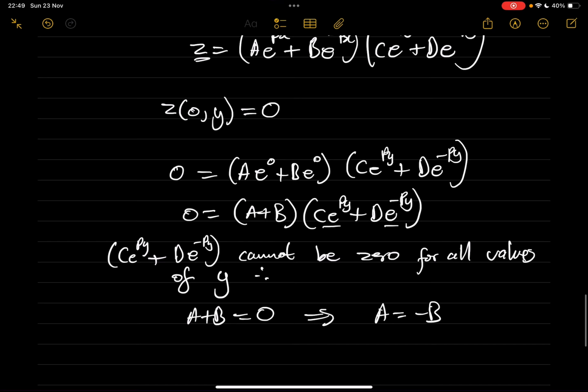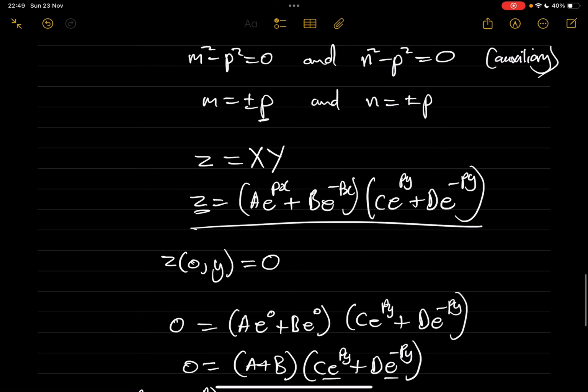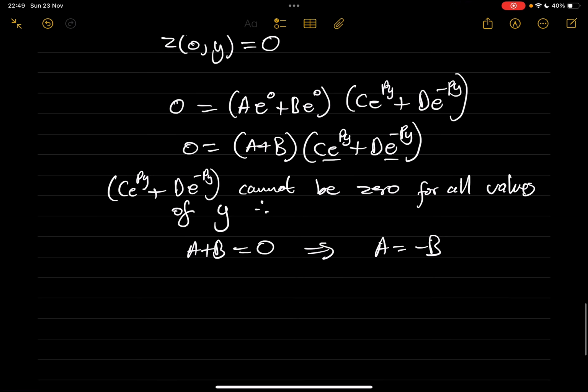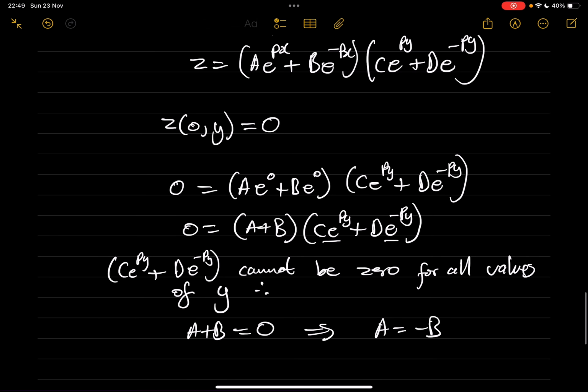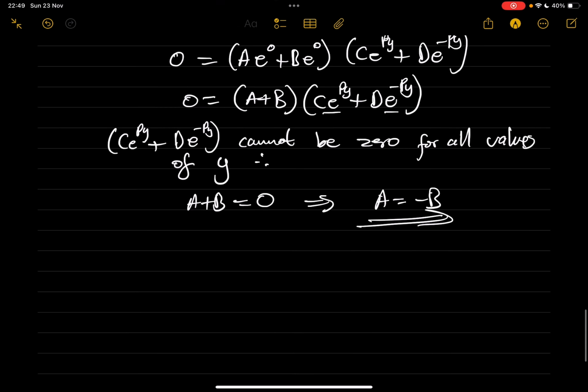So we come back here. From this one, where there is b, we are just going to substitute with minus a based on this equation.